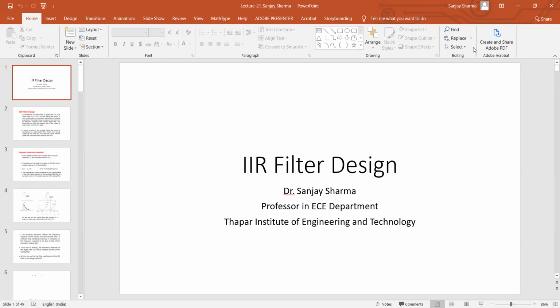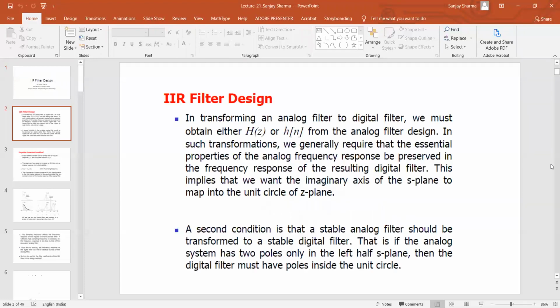But let us study a second method of IIR filter design, and the method is known as the impulse invariant method. Now, in transforming an analog filter to a digital filter, we must obtain either H(z) or H(e^jω) from the analog filter design.